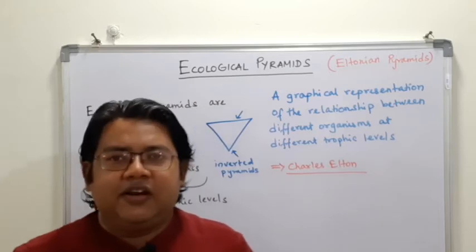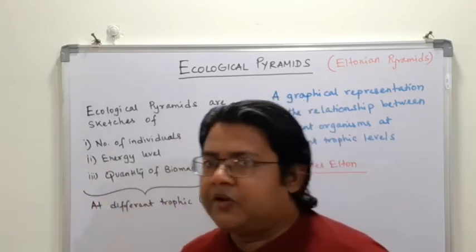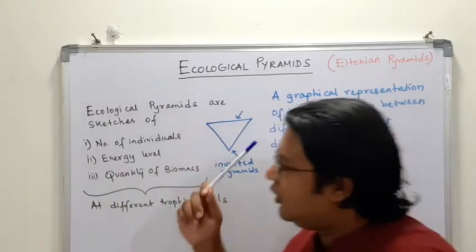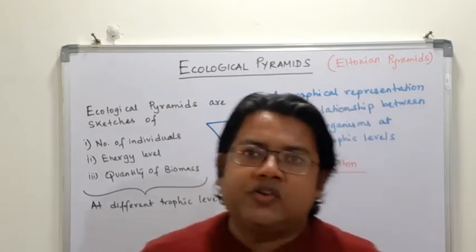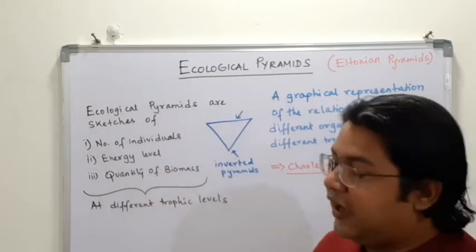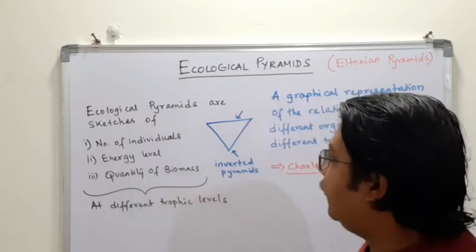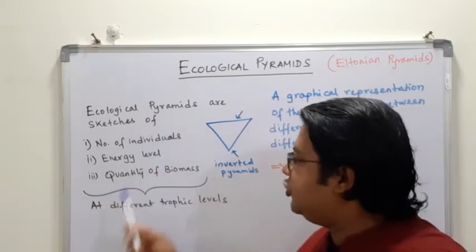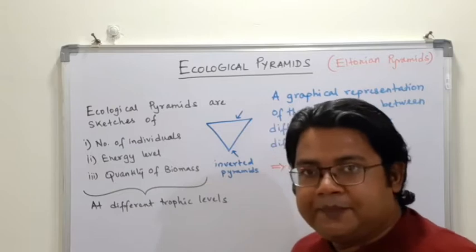Okay, now let us again come back to our topic of the ecological pyramids. Now in ecosystem, ecological pyramids can be the graphical representation of the number of individuals at different trophic levels.